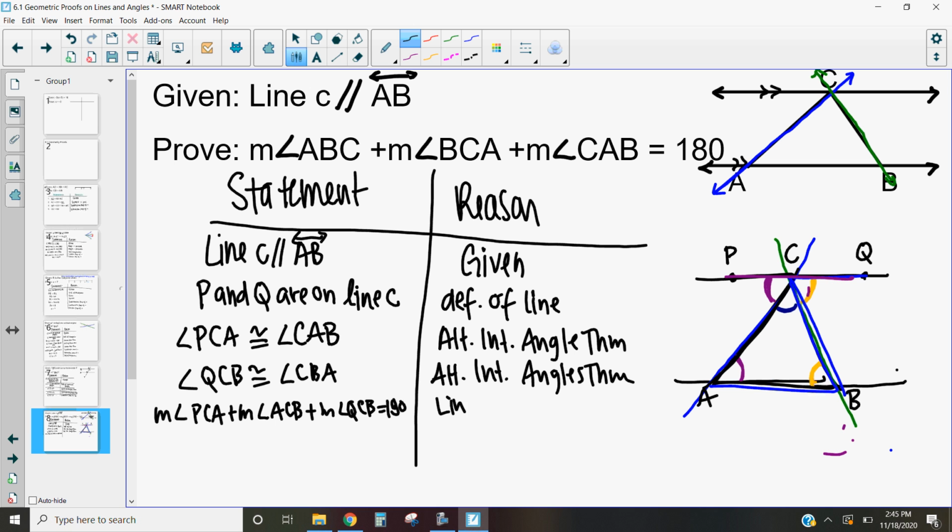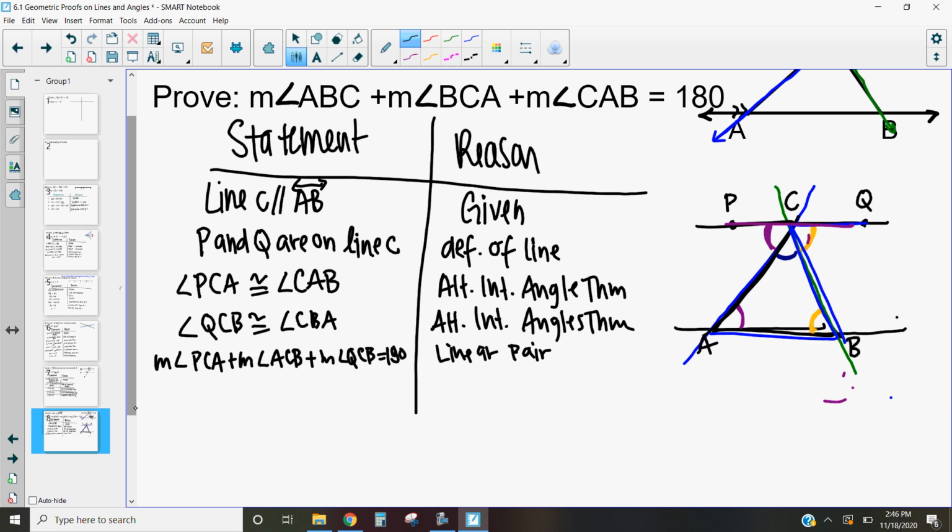Why? Because they're a linear pair. Now, how does that help us?